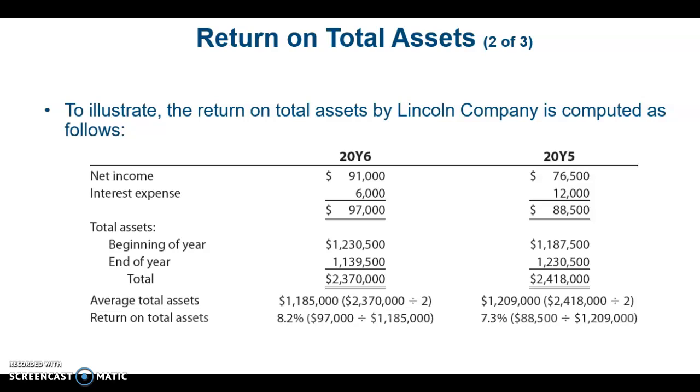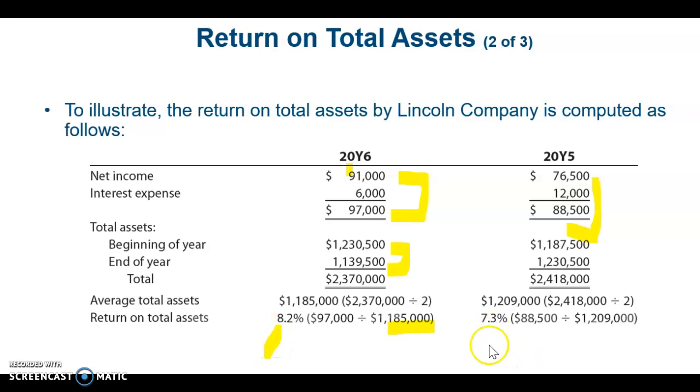So let's look here. We're going to get this from the income statement, this from the balance sheet. Take your average, get your average total assets. So net income with interest expense added back, divided by your average total assets.